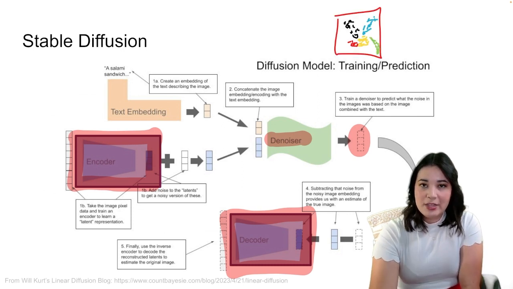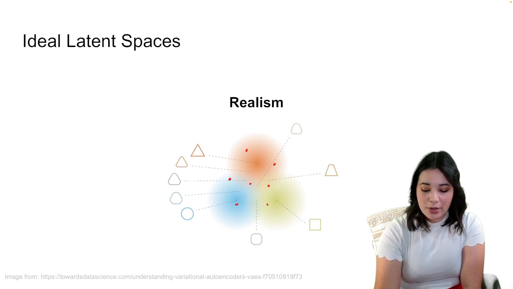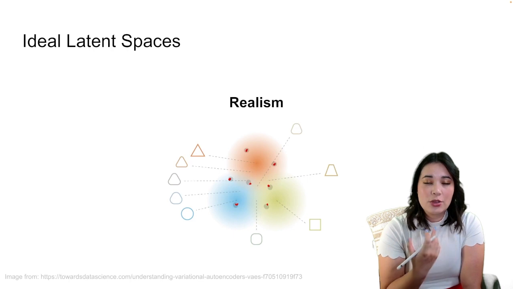Even when the denoiser is not working perfectly to predict the noise that needs to be subtracted from our image, we still end up with a latent representation that, when passed through the decoder, will produce a realistic looking image. You can imagine that if we didn't have this realism in our latent representation and we learned the incorrect noise to subtract, we could end up with some sample from the latent representation that didn't generate a realistic looking output. By taking advantage of the realism of the latent space of a variational autoencoder, even when our denoiser model is not perfect at predicting what noise to subtract, we still get a realistic looking image once we pass that representation through the decoder.